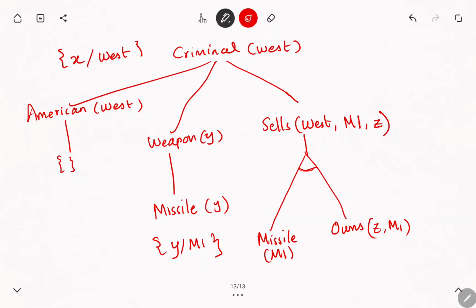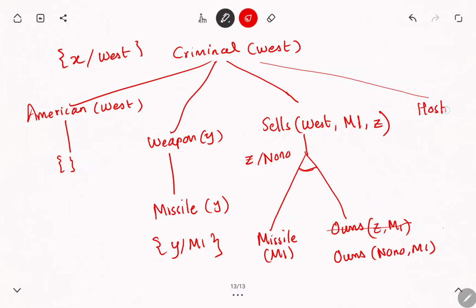But now I'm using the substitution Z as Nono, so I can write this as owns Nono comma M1 using the substitution. So now everything has been substituted.